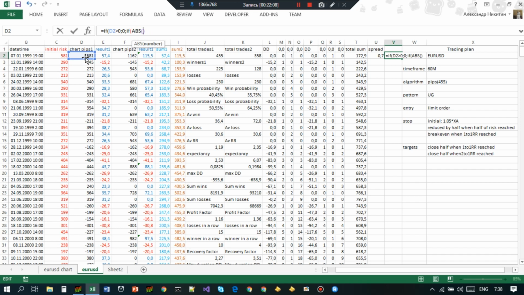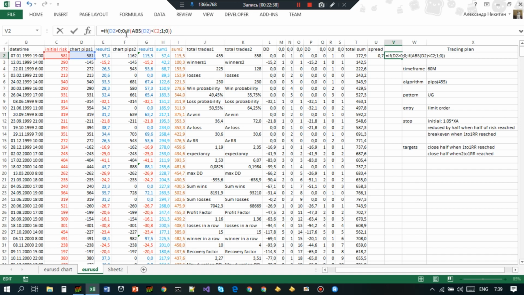Okay, the absolute of this number is less than initial risk, then obviously we have cutting loss, then type 1. If it is not this, then type 0. And I suppose that's it.